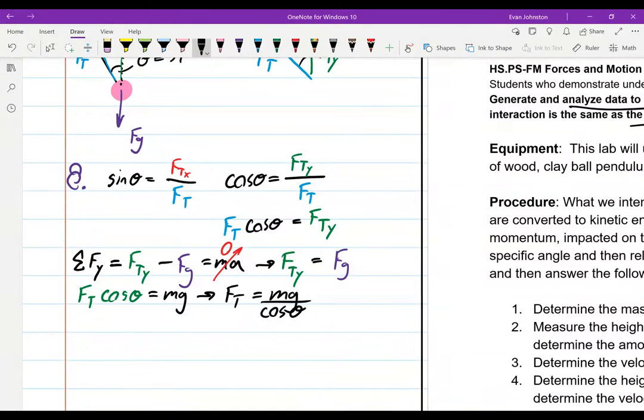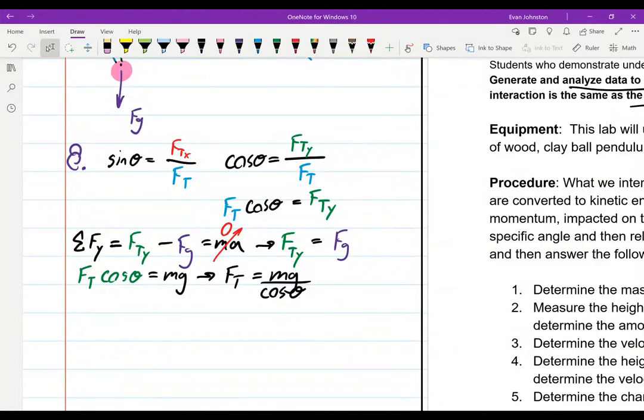And lo and behold, we know all of these values. We know the mass, we know g, and we know the angle. So force of tension is equal to 0.08655 kilograms times 9.8 meters per second squared, all over cosine of 34 degrees.